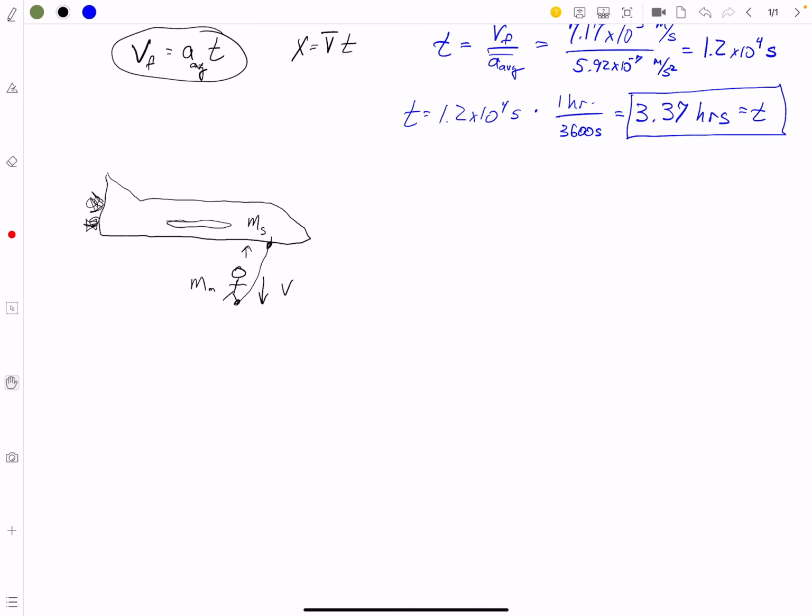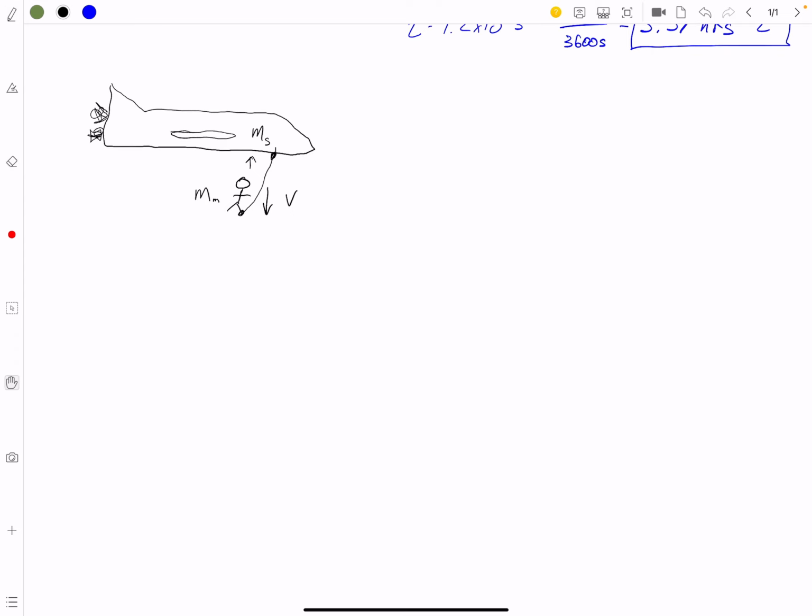So what we're going to do next is start talking about gravity near the Earth's surface. So, near the Earth's, E-A-R-T-H, Earth's surface.